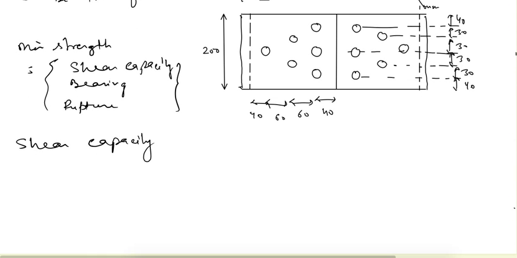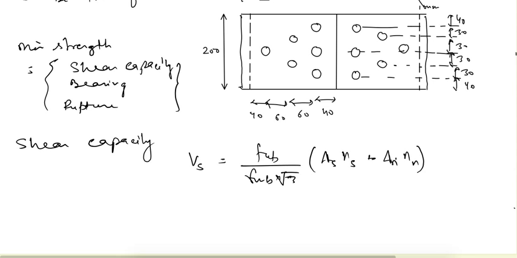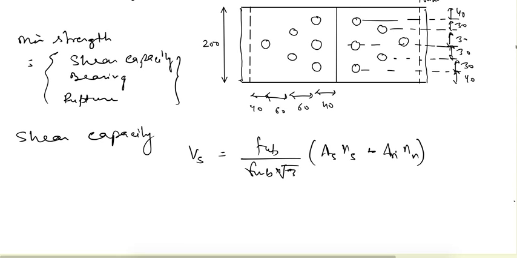The shear capacity formula, Vs, is given as fub by gamma mb under root 3 multiplied by As into Ns plus An into Nn. In this case, Ns and Nn, that is shear plane passing through shank and shear plane passing through thread, both are taken as 1.